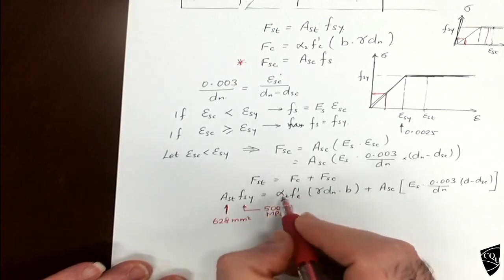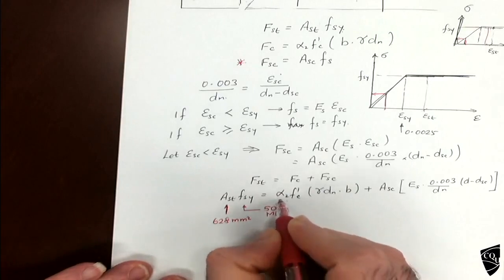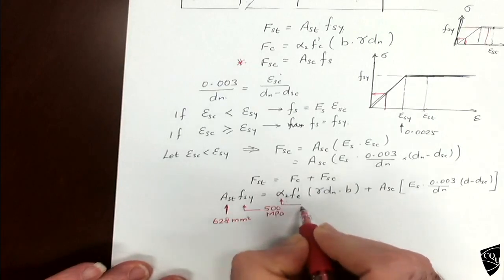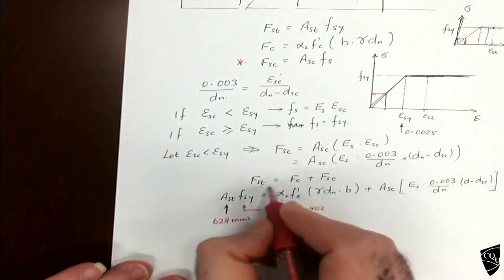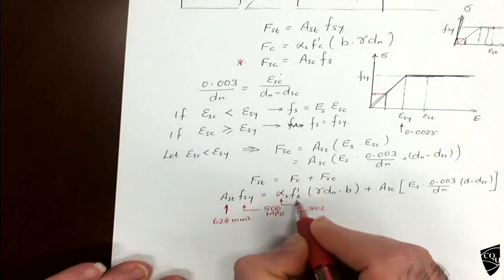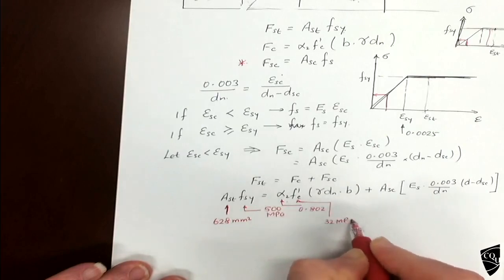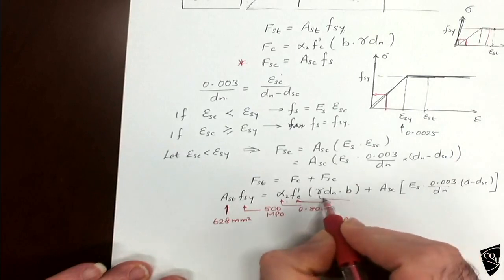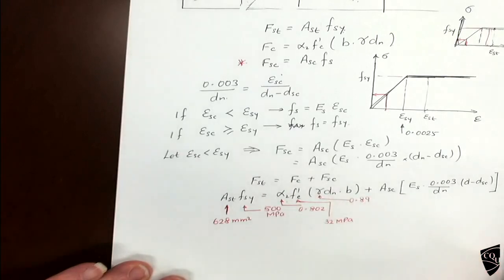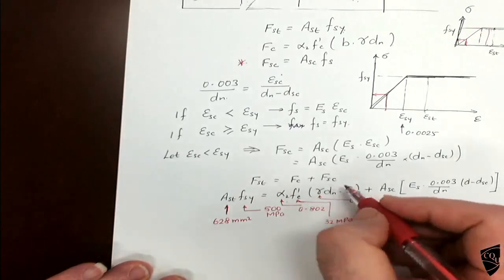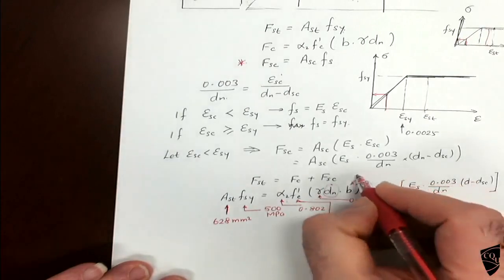Gamma, so alpha 2 we already calculated for 32 MPa, there is an equation. 0.802. For 32 MPa, this also we calculated in the previous one, so you can use the same number because it is the same f'c. dn I don't know at the moment, dn is unknown. b is given as 200.